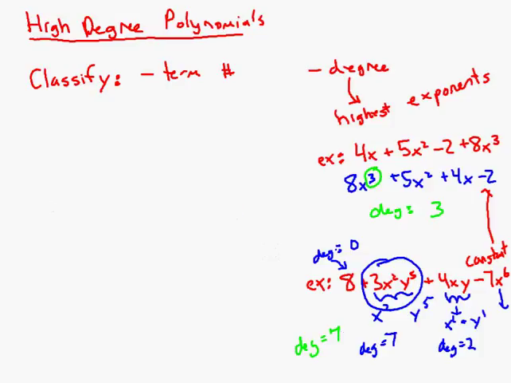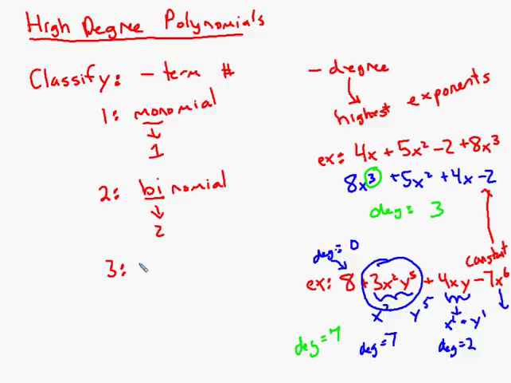Okay, now we can classify them by term number. If I have one term, that's a monomial, mono meaning 1. And if I have two terms, now after I simplify, that's important. If you can simplify, you need to. If I have two terms, that's a binomial. Bi meaning 2. Okay, 3 terms.